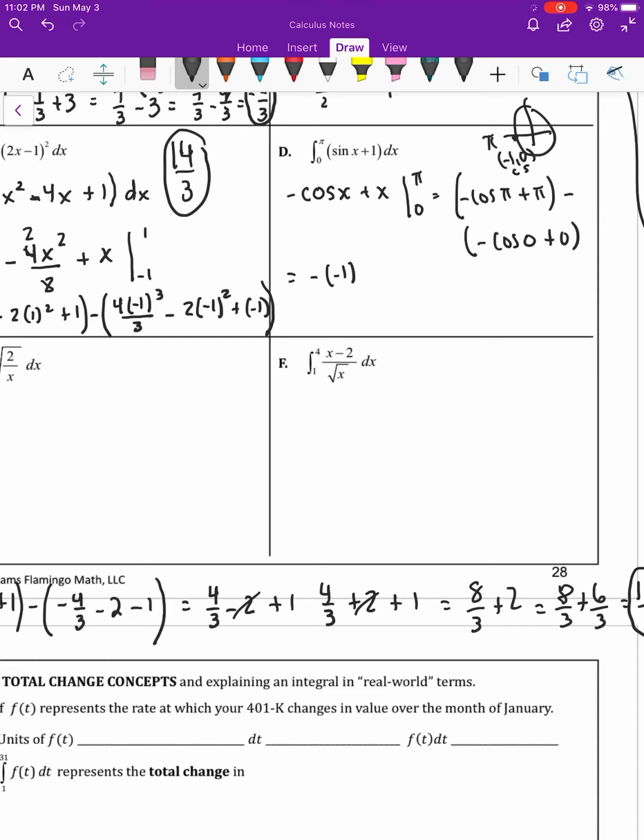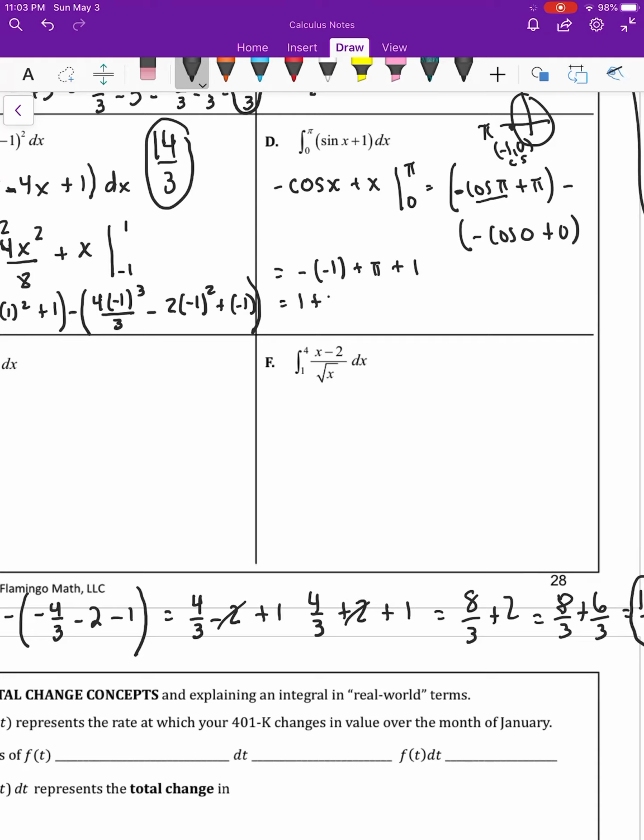And on the unit circle, here's my pi. And this point is negative 1, 0 cosine sine. So this is minus a minus 1, because this minus is the first one, and then the cosine of pi is negative 1.